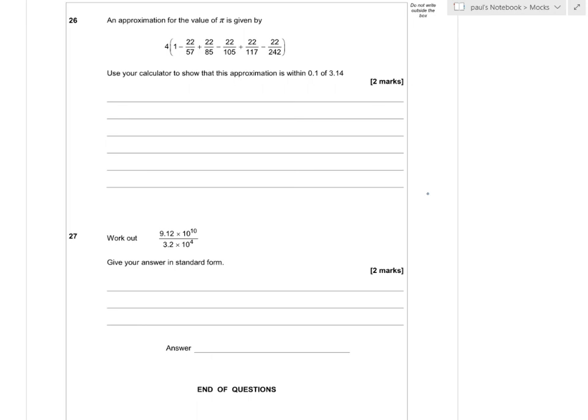Let's do 22 divided by 57 equals, plus 22 divided by 85 equals, minus 22 divided by 105 equals, plus 22 divided by 117 equals, minus 22 divided by 242 equals. So I've got just some horrendous number there. Now I've got to do 1 minus the answer, which equals 0.4676, and then multiply that by 4, and I get 1.873. So I don't know how to do this on the calculator.